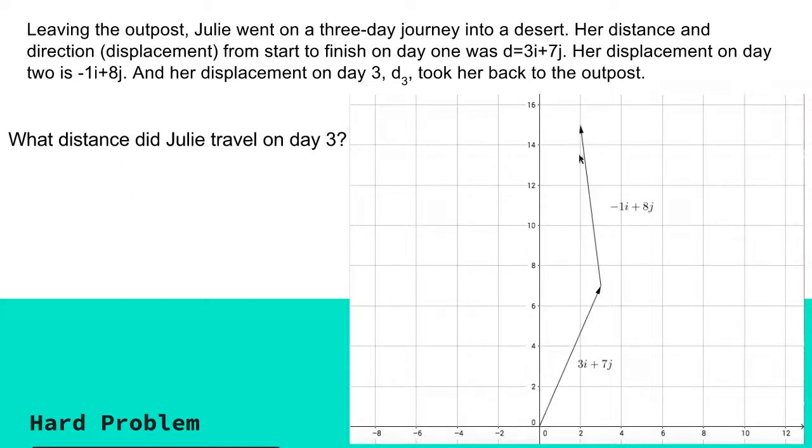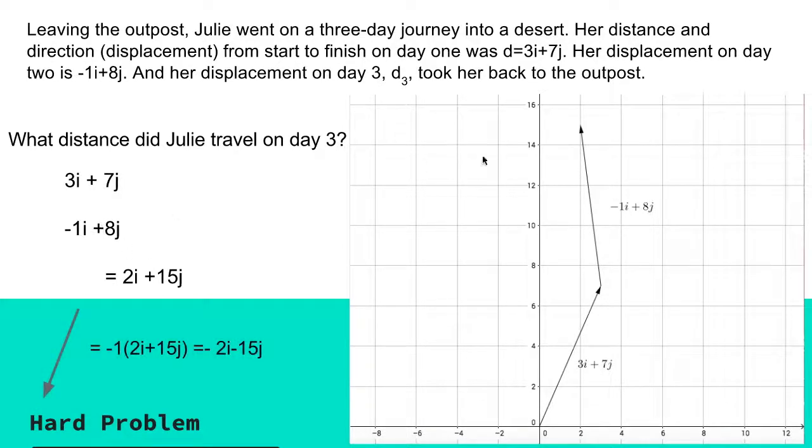We add our x's: 3i plus -1i is 2i, and 7j plus 8j is 15j. Then, we can't get from here to here with that, because we want from here to here. So you multiply it by -1 to get -2i minus 15j.